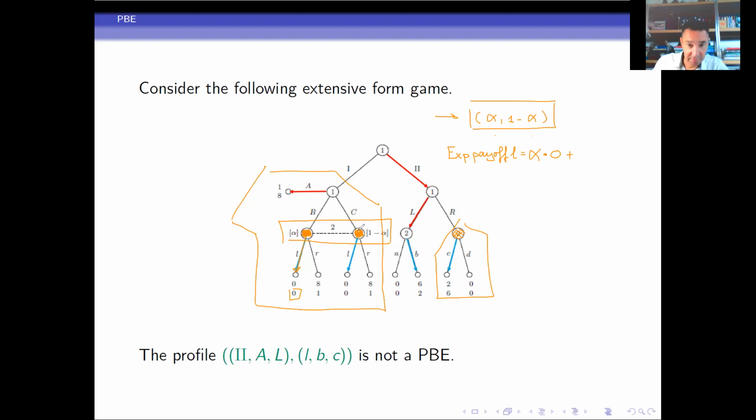And with probability 1 minus alpha, you would be here, and then we move over there, and then your payoff, for player 2, would also be 0. And that's 0.